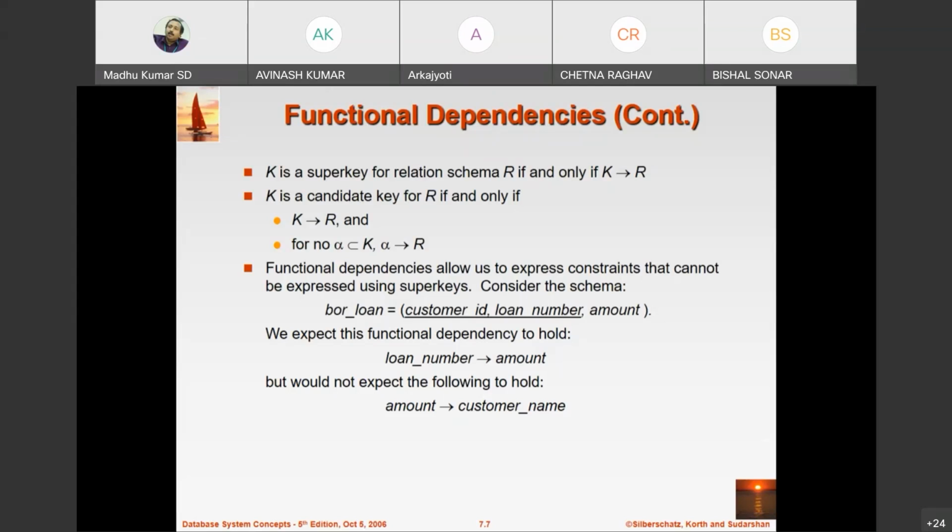So functional dependencies allow us to express constraints that cannot be expressed using super keys. All right, an example is given here. So please go through the example.